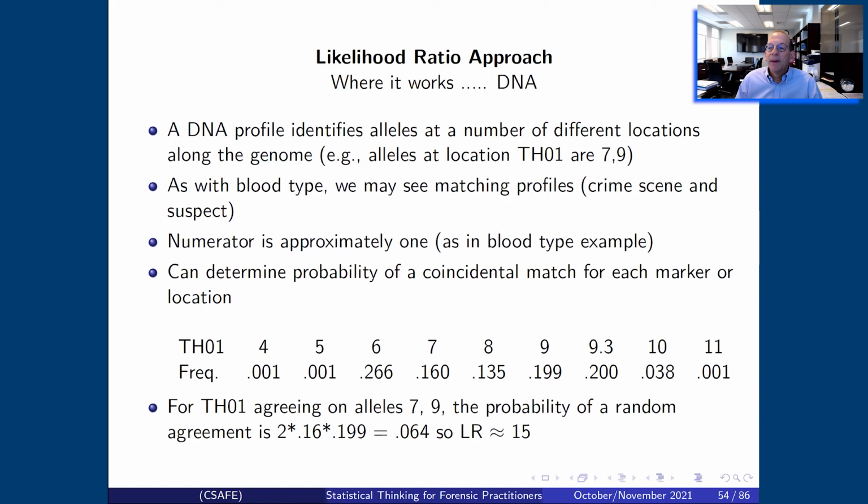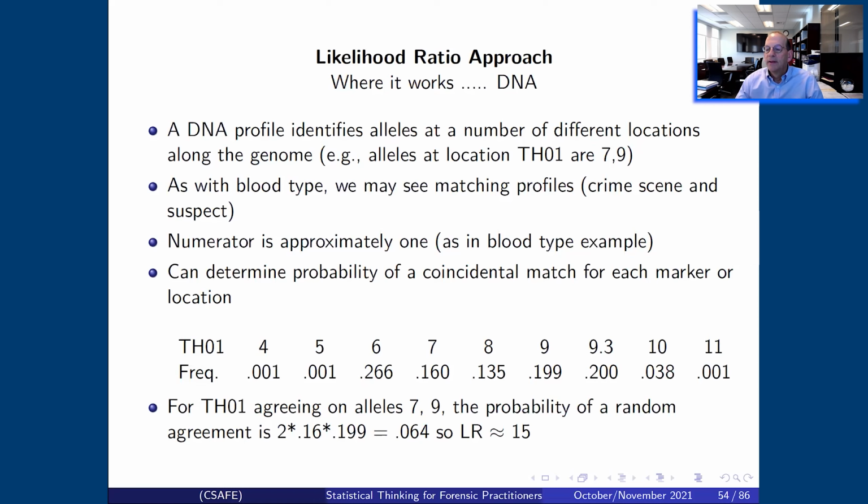And then you find a suspect, and they also show a 7 and a 9. It turns out, just like for a blood type, we can do a simple probability calculation. Okay, maybe not so simple in this case, to say what's the probability that these 2 individuals would agree on blood type if it is the same source, so they are the same person.